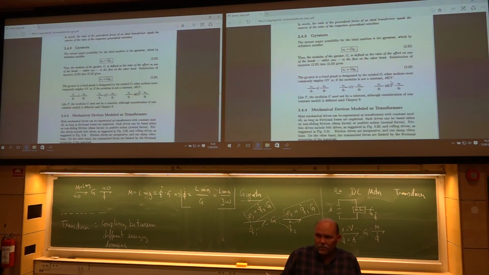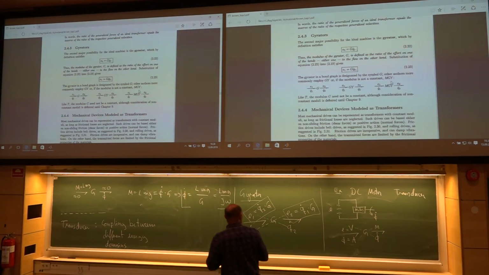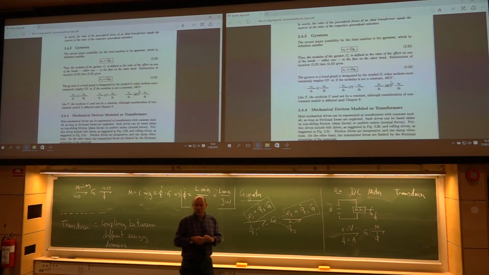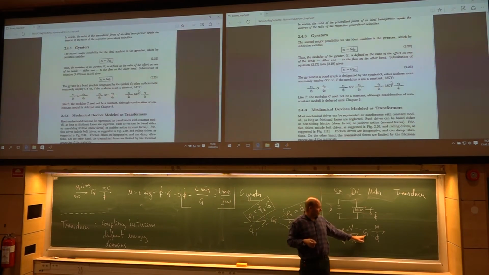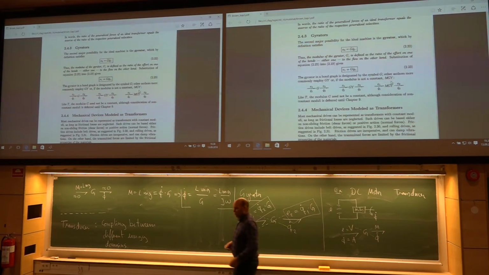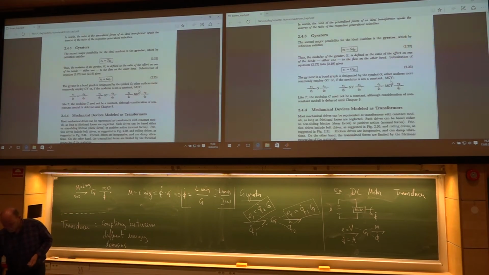We just use T or G in this course. We don't need to specify the modulus, whether it's a constant or a function, we don't care. So we just call it G for gyrators, T for transformers. Then it's up to the modeling whether they are constants or functions or whatever they are.